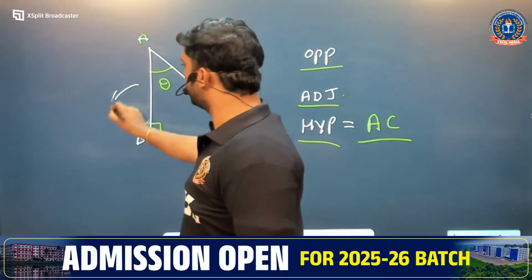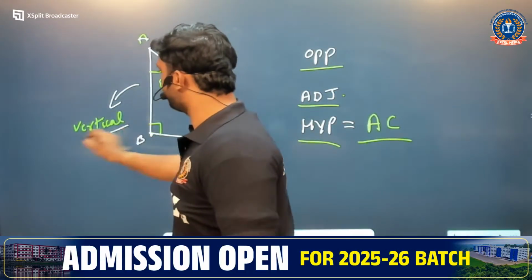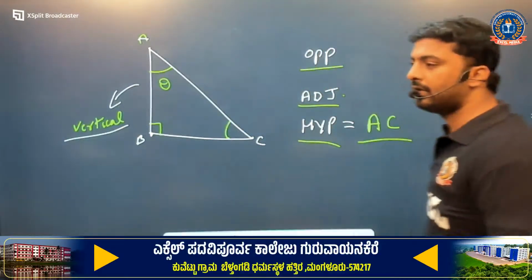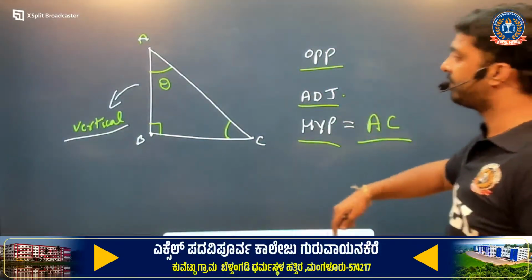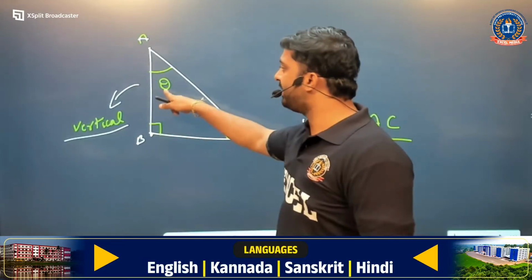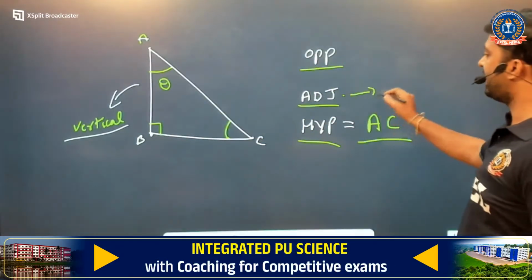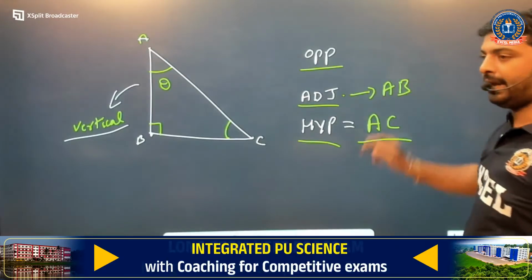This line is which line? Vertical line. So now which is the adjacent side? A line which has the angle theta and is perpendicular is AB. So the adjacent side, now it is AB.